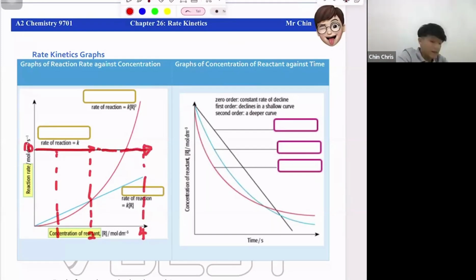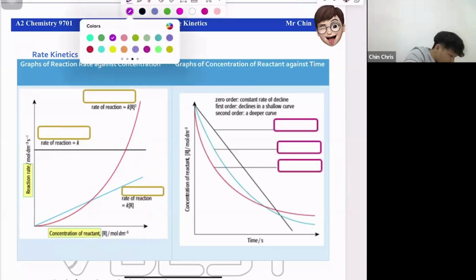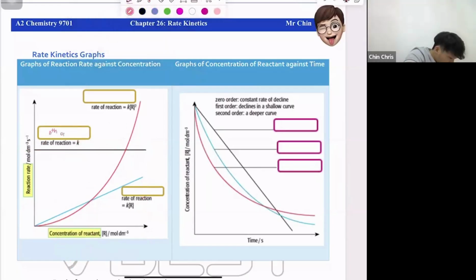No matter how much you try to multiply the concentration, the rate will always be the same. So this is a zero order. For a zero order, it's always a straight line. No matter how much you multiply the concentration, the rate doesn't change. That's it, zero order.